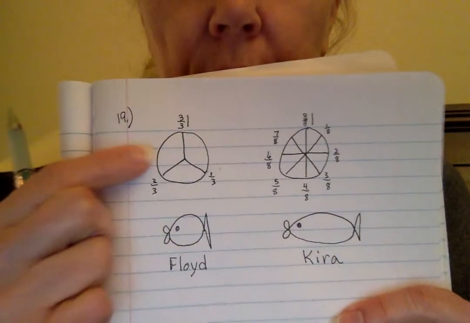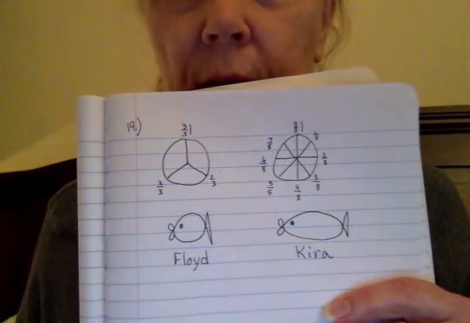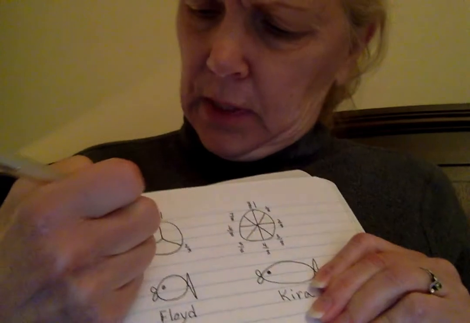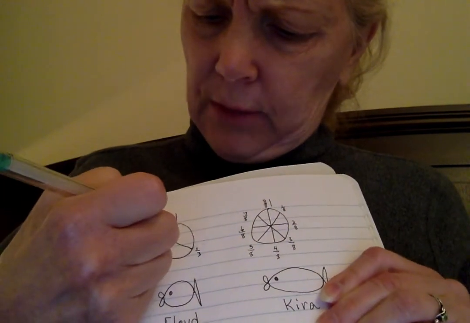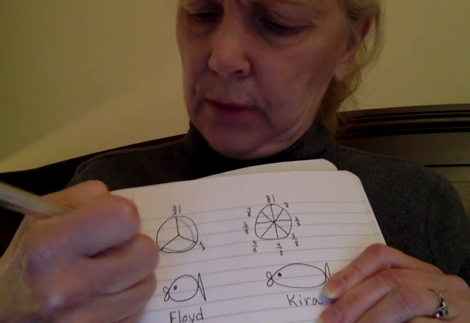Floyd measured his fish as 2/3 of a pound. These are like weighing scales, so his fish weighs 2/3.